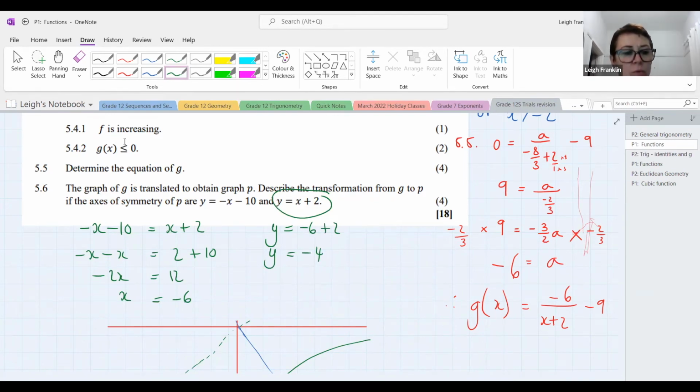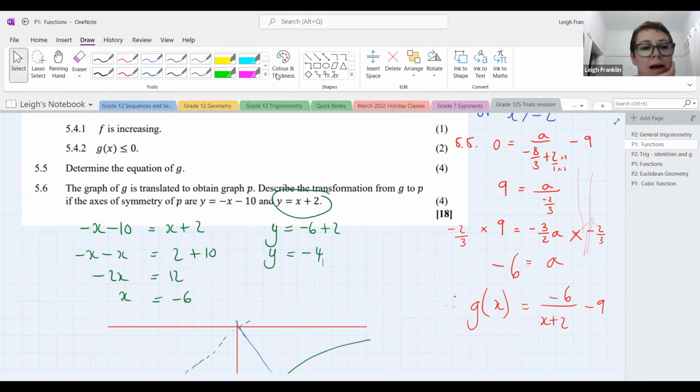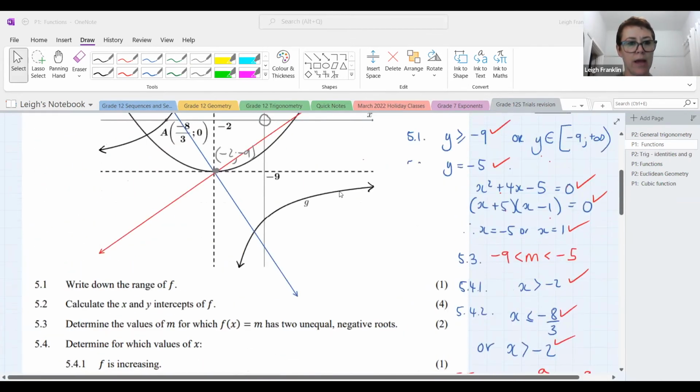So x equals -6 is my new vertical asymptote. y equals -4 is my new horizontal asymptote. Now I have to explain what is happening. I have to describe the transformation from G to P.